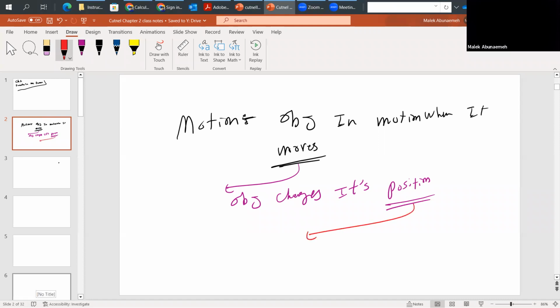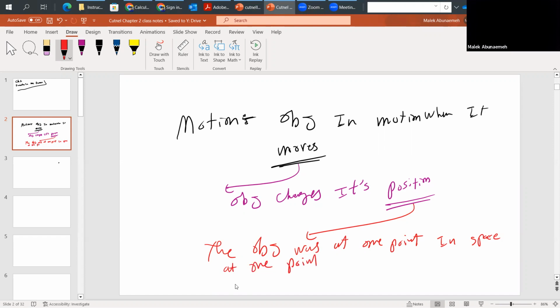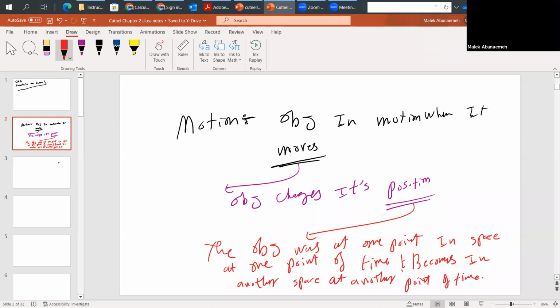Awesome. So what does it mean when an object changes its position? It means that the object was at one point in space, at one point in time, and becomes in another space at another point of time.